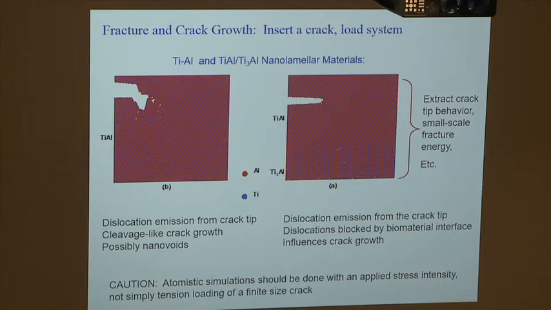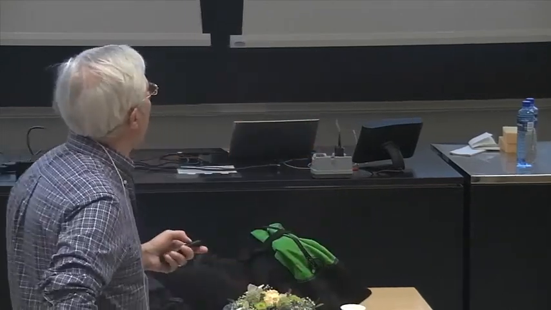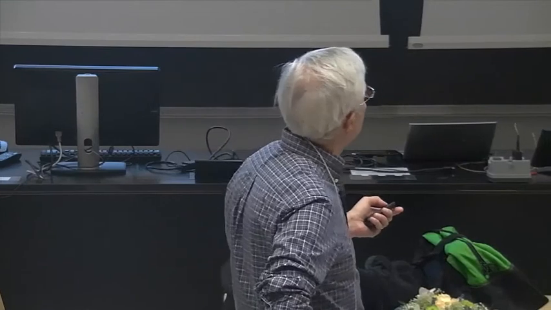So what you see in the literature a lot, coming from the continuum down, is they take a box and they put a crack in the middle by removing a few atoms, and they load it up, and they say, okay, this is a perfectly good center crack specimen, and I should be able to treat the results like I do in continuum mechanics. And this is not really true. You have to be very careful about how to do these kind of tests.